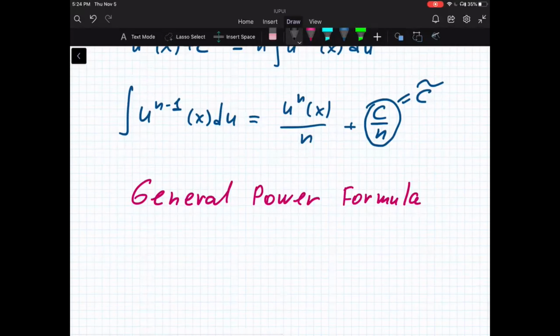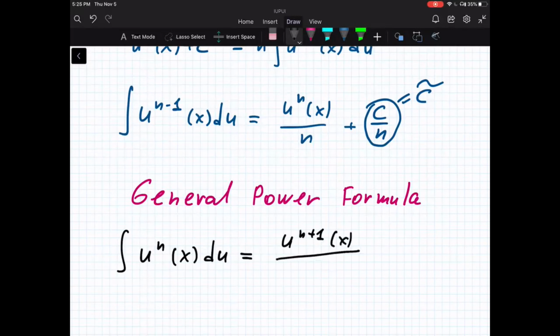So, the integral of u to the power n of x du is equal to u to the power n plus 1 of x divided by n plus 1, plus some constant.